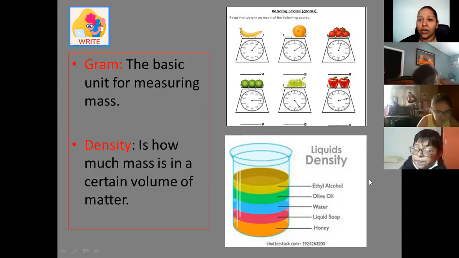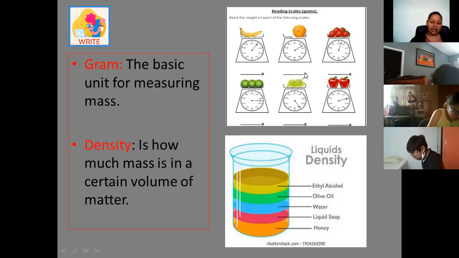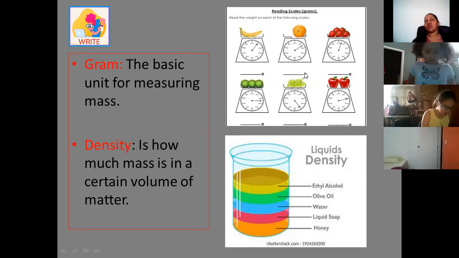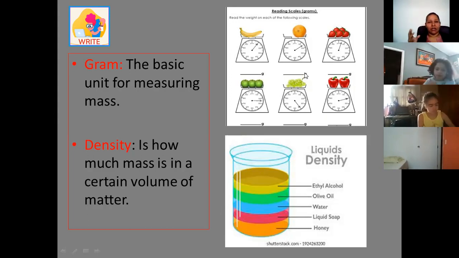Okay, so density, guys, is how much mass is in a certain volume of matter. When maybe your mom makes a salad, sometimes your moms make a vinaigrette, what we call dressing in English.